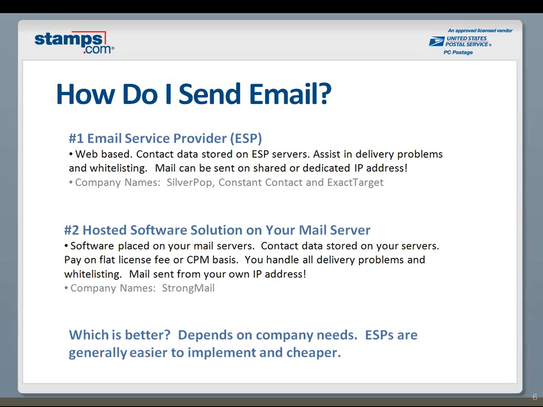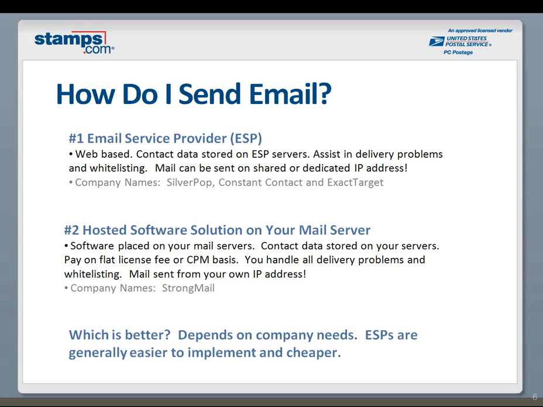A soft bounce is different in the sense that it's still an active email address account, but it's got some type of temporary problem with it. Could be the email has maxed out on its available space or file size, or maybe a person's put an out of office response on it and is not accepting any more email into their box. But that's just a temporary problem. So that would be considered a soft bounce.